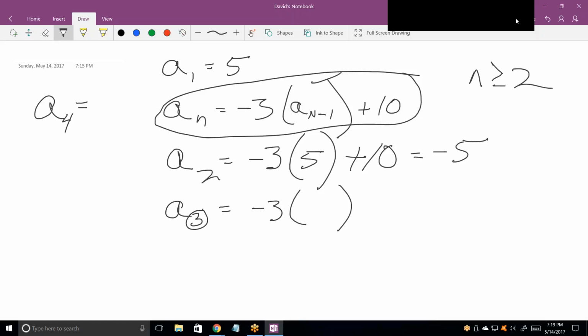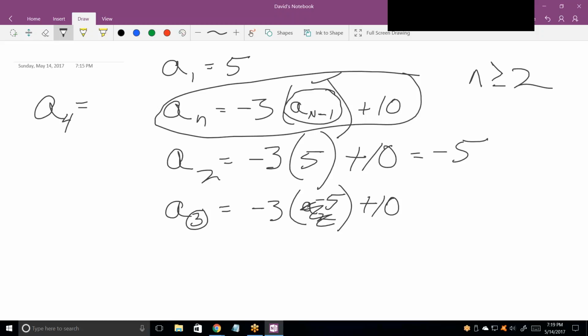So what we're really talking about is a sub 2, which we just calculated to be minus 5. Oh, so you plug in minus 5, right? Minus 1. Plus 10. You don't plug in minus 5 minus 1. In other words, if I'm trying to find the third term, that means what the second term was. In other words, the nth term is a function of the previous term.